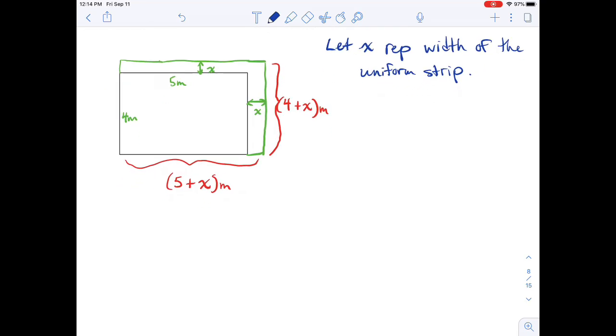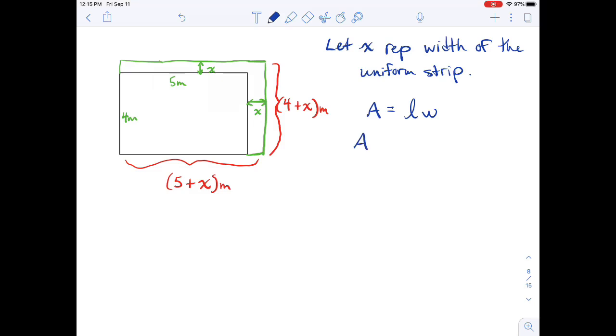So, in general, area of a rectangle, of course, equals length times width. What we want to do now then is try and use x that we just came up with. And so these x's are not part of the smaller rectangle that we started with, they're part of the larger rectangle that we created when we added the strips.